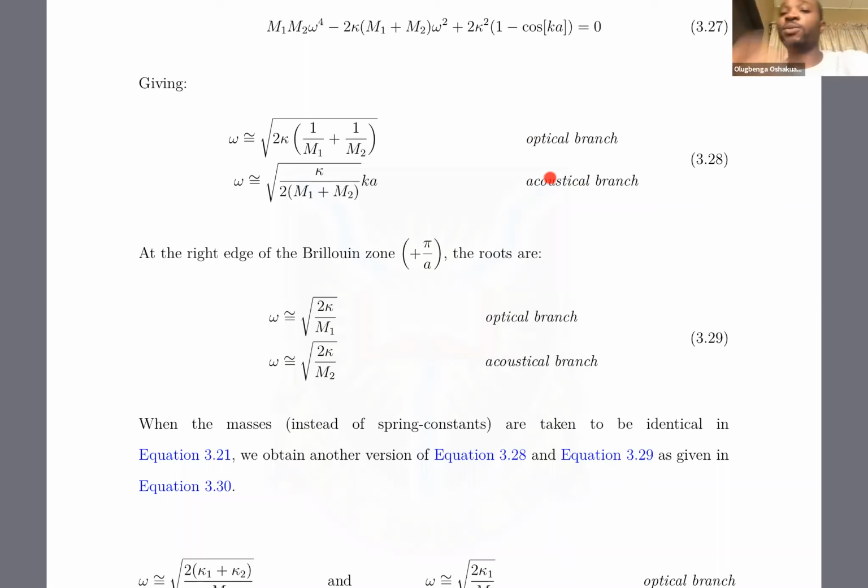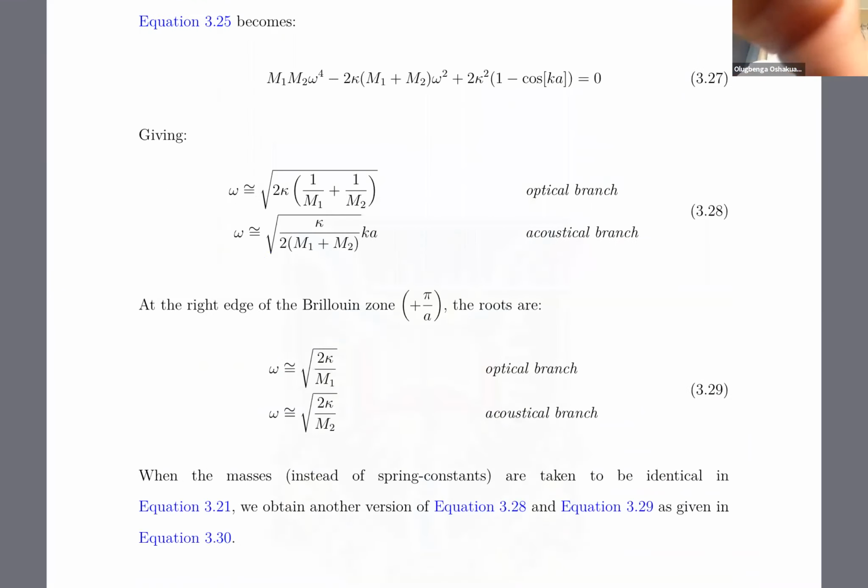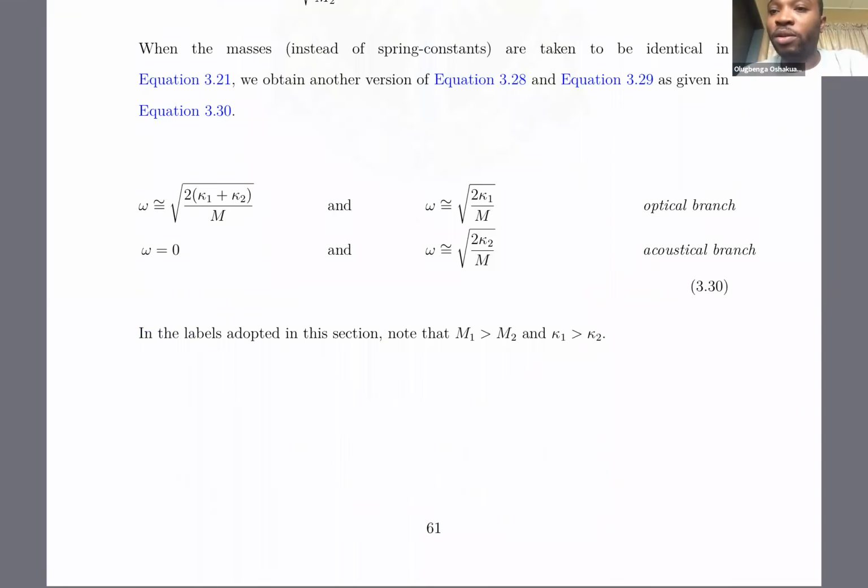That is the first thing we should notice from here, because in this courseware, I have made M1 to be greater than M2, and kappa 1 to be greater than kappa 2.